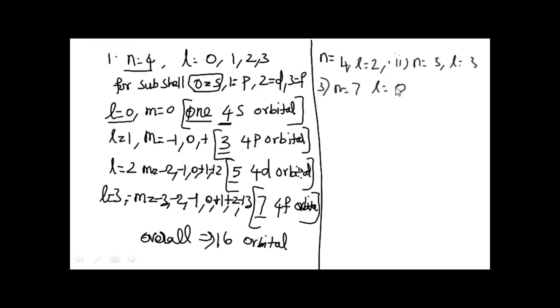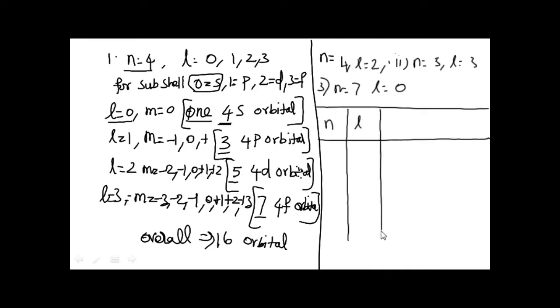The question: sub-level designation, the allowable M values and the number of orbitals. N value, L value, sub-energy level, M value and number of orbitals.